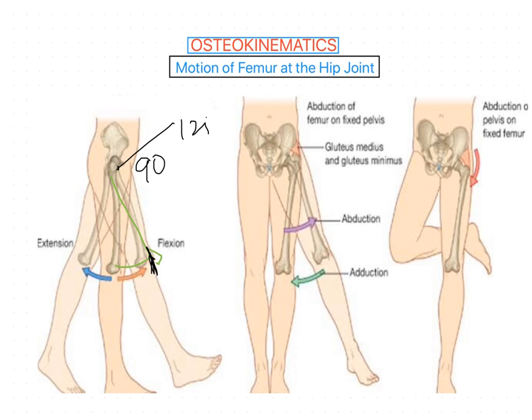Next, the hip extension is considered to have 10 to 30 degrees of range.